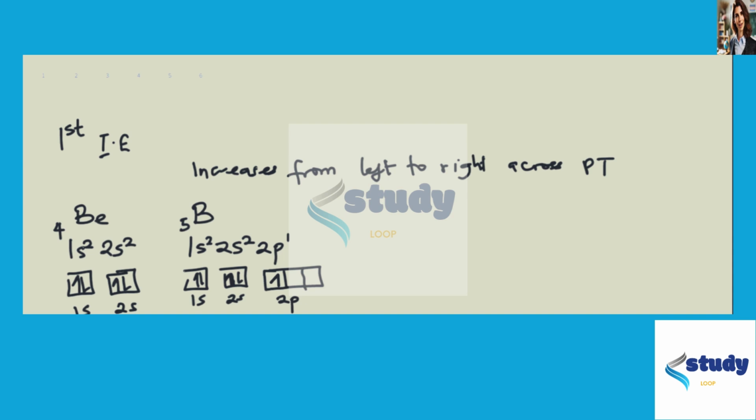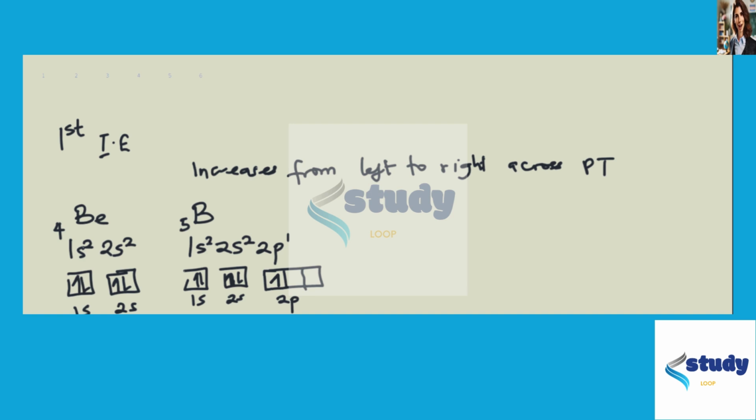So it will be easier to remove this electron from the 2p orbital of boron compared to removing an electron from the 2s orbital of beryllium. That is because of the completely filled 2s and 1s orbitals of beryllium, whereas here the 2p orbital is not completely filled, and it is not even half filled. So this electron is easier to remove when compared to the electron in beryllium.